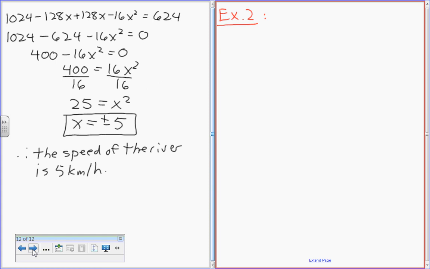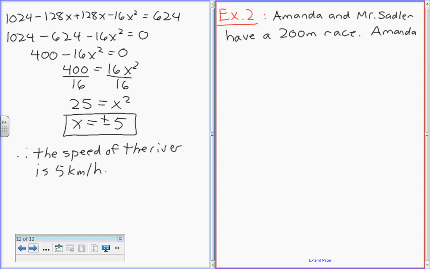So we're going to say, Amanda and Mr. Sadler have a 200-meter race. Amanda can run 2 meters per second faster.